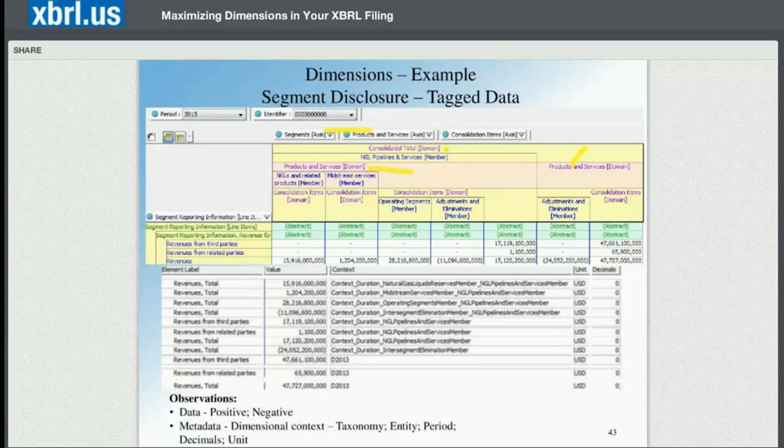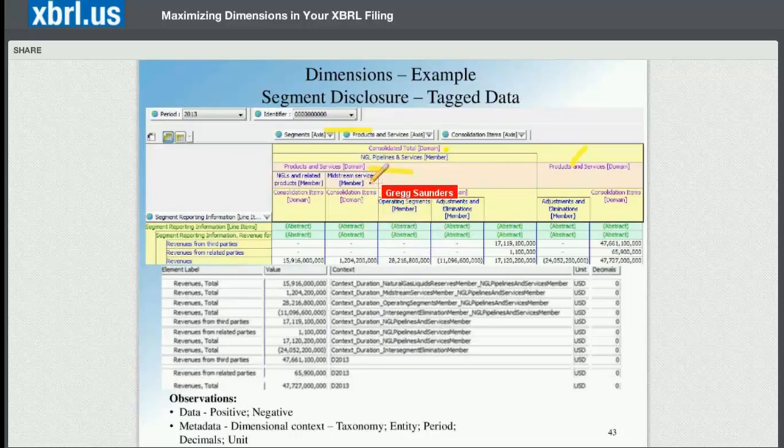Okay, it's tagged with total revenues, and it's not being qualified by any other member. Why? Because it is the total revenues for NGL products for the NGL segment.